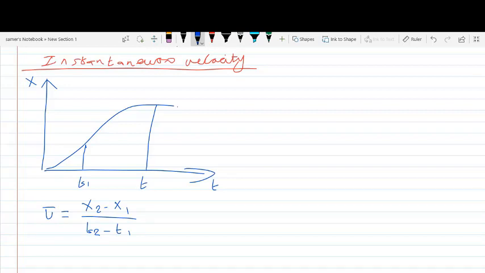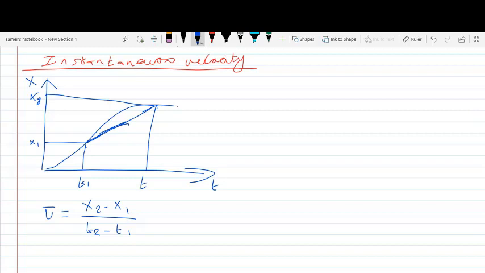That means that we are calculating the slope of the secant between these 2 points. The point represents t1 and the point represents t2. Let this be x1 and this x2.